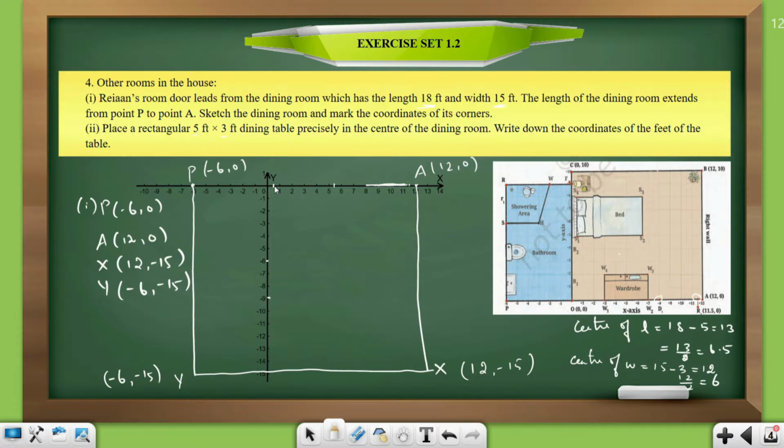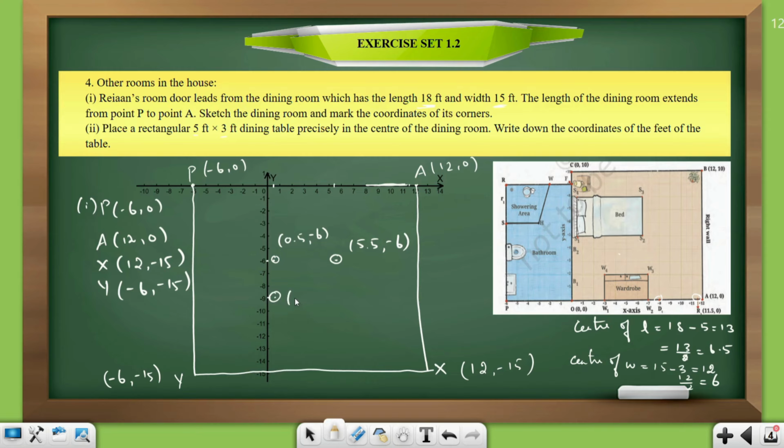Here it is 0.5 and this is 6, so the first point has to be here. Similarly the next point is 5.5. So this point is 0.5 comma minus 6, and this point is 5.5 comma minus 6. Similarly here it's 9 units.